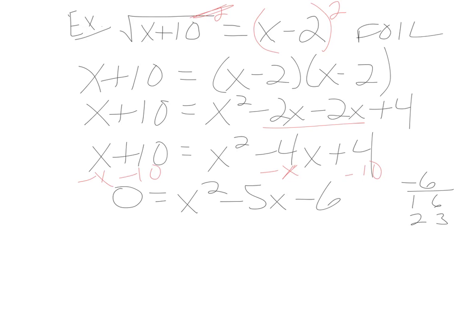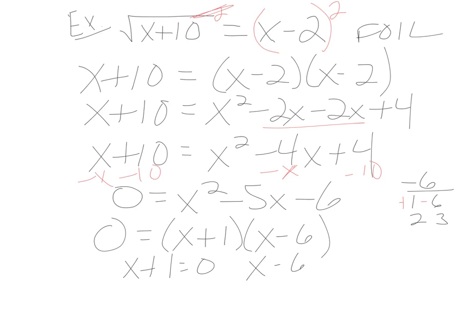It's going to have to be the 1 and the 6. So to make a negative 5, that's a positive 1 and a minus 6. 0 equals x plus 1 times x minus 6. Then setting each of those terms equal to 0, I subtract 1, x equals negative 1. I add 6, x equals 6.